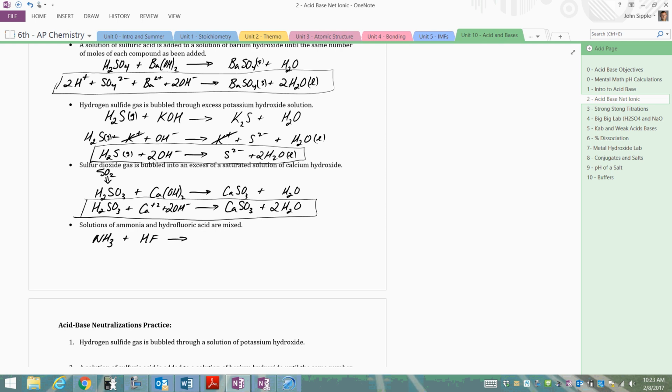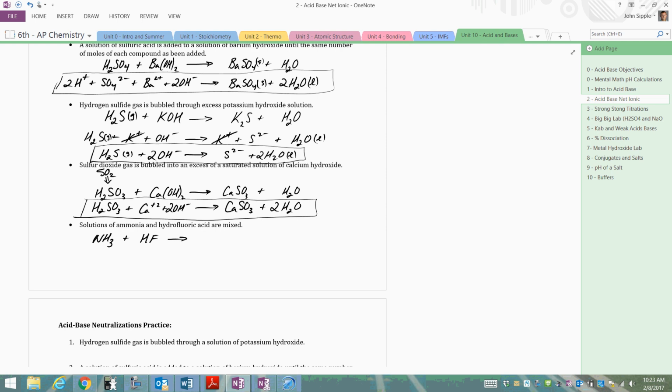And what will be our product, do you think? What do acids do, Bronsted-Lowry-wise? They're donors, yeah. They're donating hydrogens. Bases are accepting them.